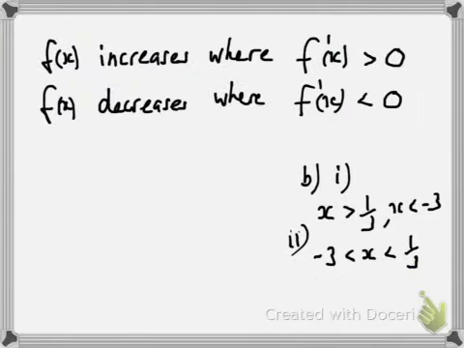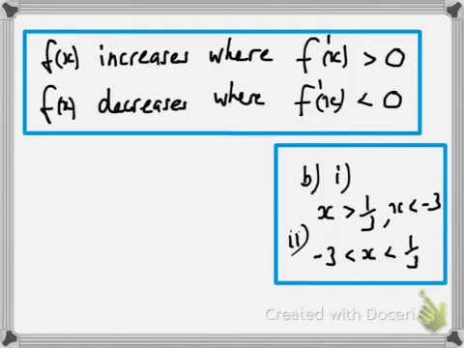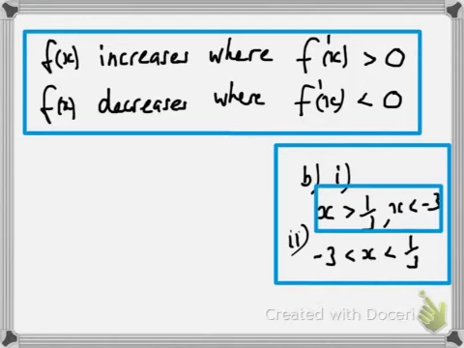So to summarise then, the function's increasing where the derivative is greater than 0, that is positive. The function is decreasing where the derivative is less than 0, or negative. And we're at a stationary point when the derivative equals 0. So there's our two answers, an increasing function there and a decreasing function there.